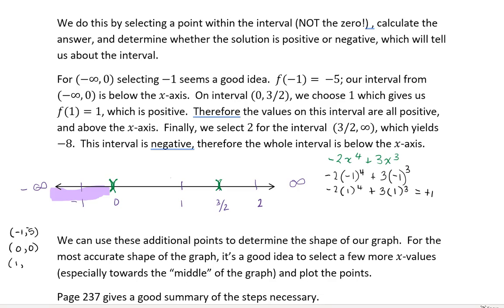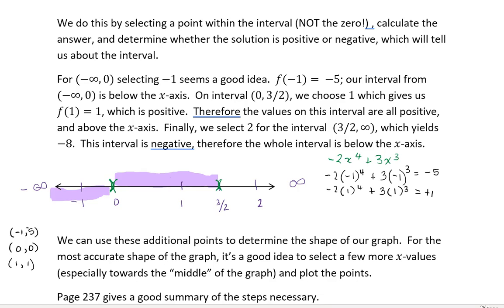And let me just go back and say here, this was a -5. Alright, so I have my 1, I'm going to wind up with a +1. So I have (1, 1). So for this interval, it's above my x-axis, which means this whole interval is positive. It's all above the x-axis.